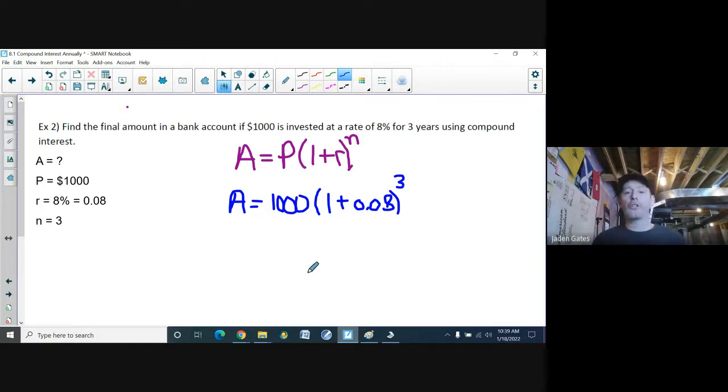Now I'm going to use BEDMAS to solve for A. The first thing is I've got to do brackets. I actually have some brackets this time out. Not only do I have brackets, but there's something going on in there. So I've got my $1,000, and then 1 plus 0.08 is 1.08 to the power of 3.